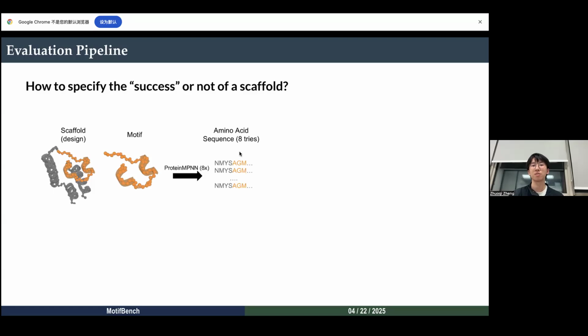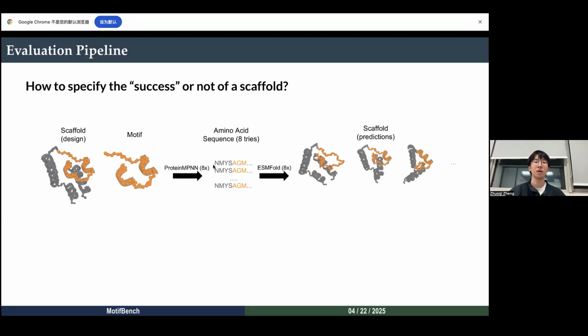We first use a fixed-backbone sequence design method, for which we picked ProteinMPNN for its robust performance that has been validated by many wet lab experiments. We generate 8 sequences per scaffold. Then we use a structure prediction method to predict the structures of the 8 sequences, for which we use ESMFold for its efficiency and competitive performance on de novo proteins.